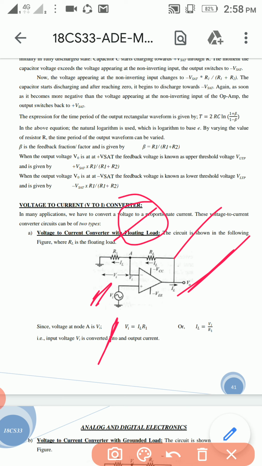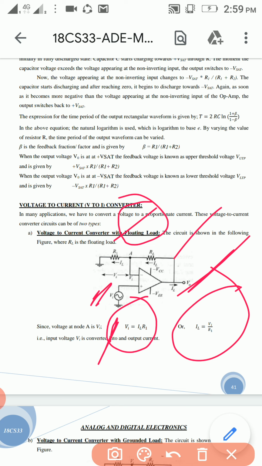That is the expression. After rearranging this expression, IL equals Vi divided by R1, meaning the load current is directly proportional to Vi. So if there is any change in the voltage value, the current value also changes.